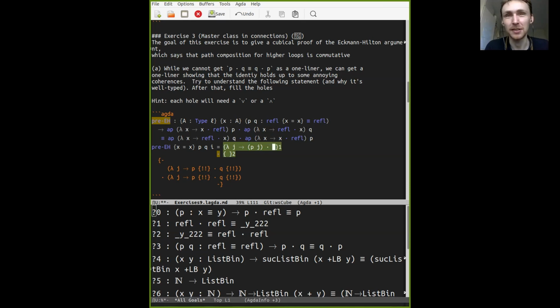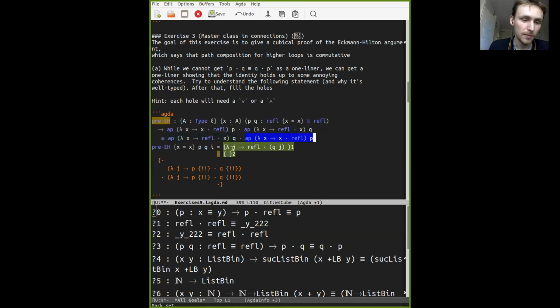You kind of have to ignore them and just try to think about what's going on. This is another way of writing it. So this is literally what app lambda x, x composed with REFL applied to P is, right? It's lambda j to P j composed with REFL. And likewise, the Q here on the other side is the same thing, but with REFL on the other side and Q here, right? And we have the same situation down here too.